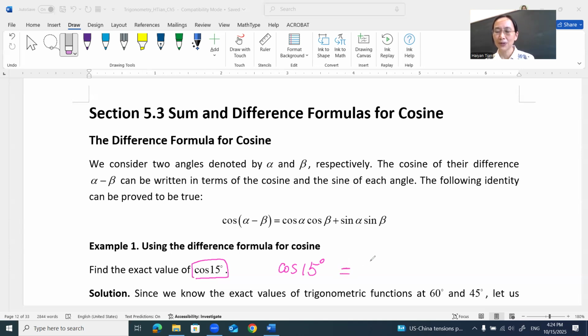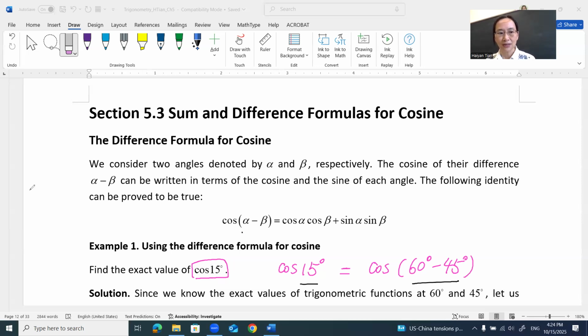So let's see if we can write 15 as, for example, a difference of special angles. We can think of 60 minus 45. 60 minus 45, that's 15. So you see 15 can be written as a difference.